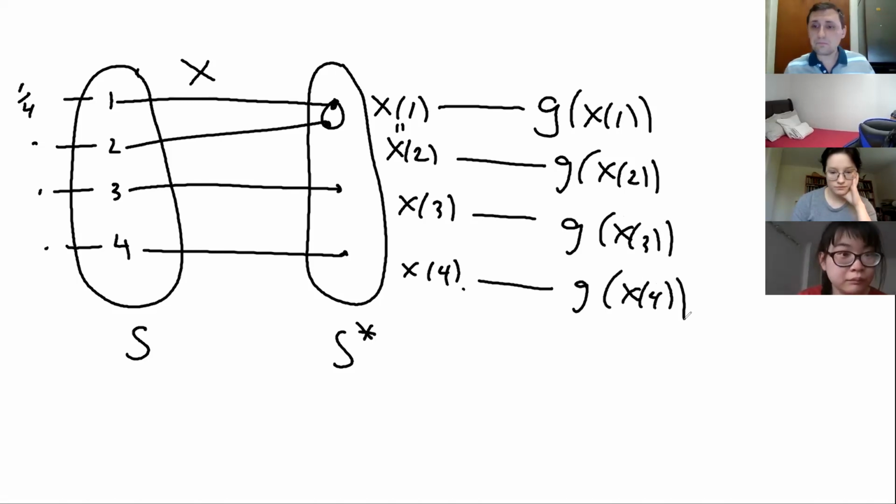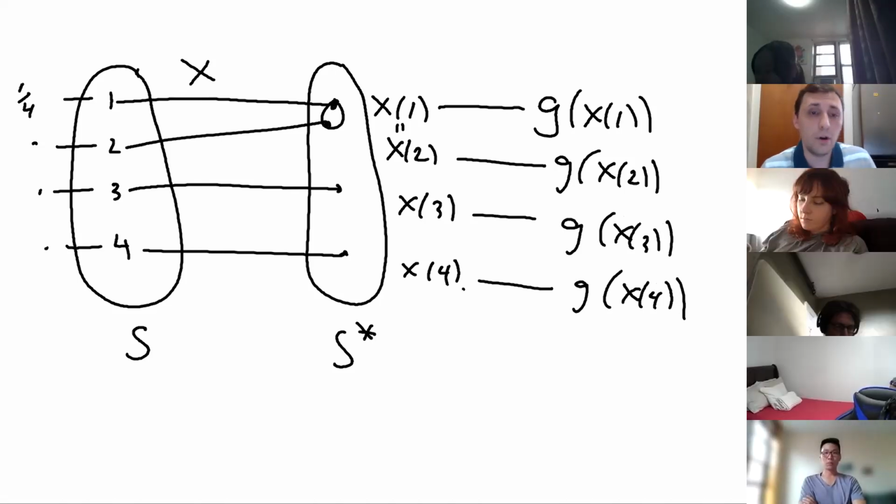So what is a random variable? It's simply a relabeling of the individual outcomes in my sample space. That's it. What is a function of a random variable? It's a relabeling of a relabeling. Does it make sense? That's all it is.